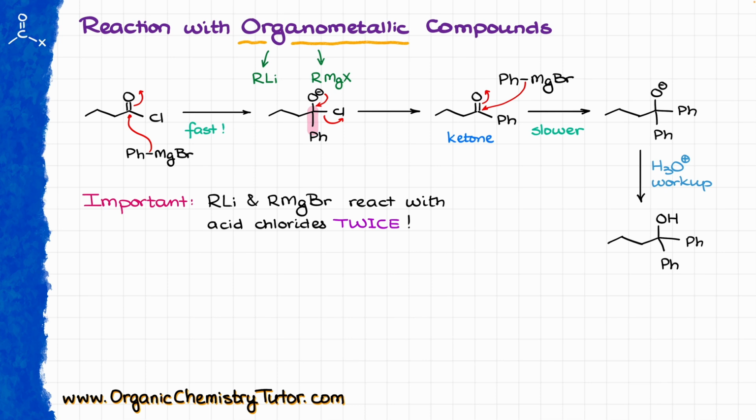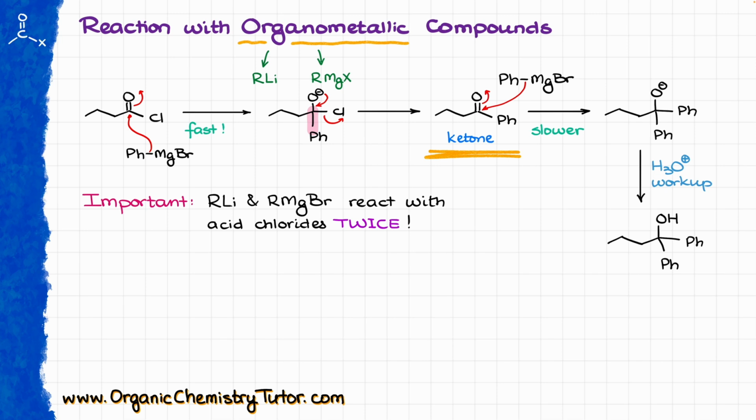So theoretically speaking, it is possible to stop at the formation of the ketone and not proceed any further. However, experimentally speaking, this is not an easy feat to accomplish, and catching that point where your reaction mixture has reached the ketone but hasn't quite started reacting further is very difficult experimentally.